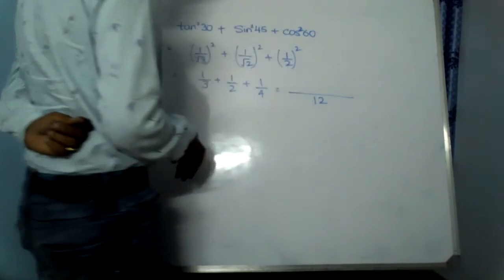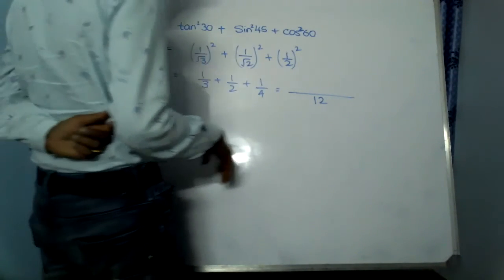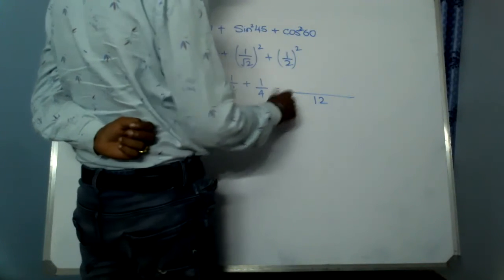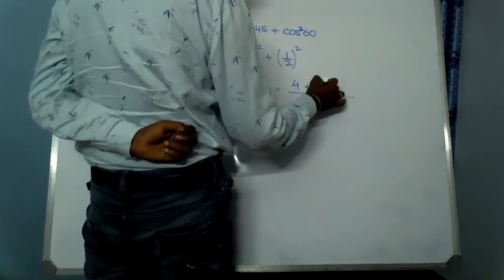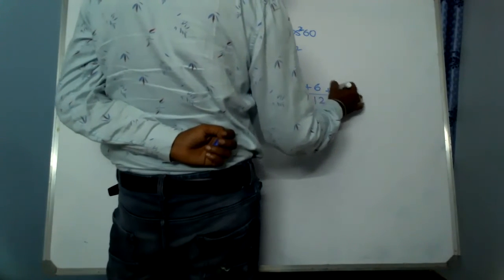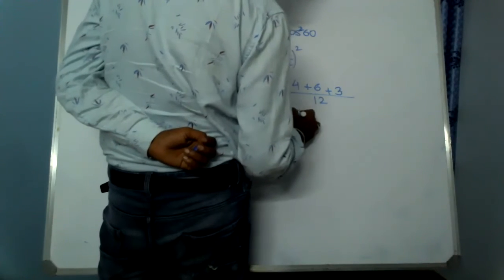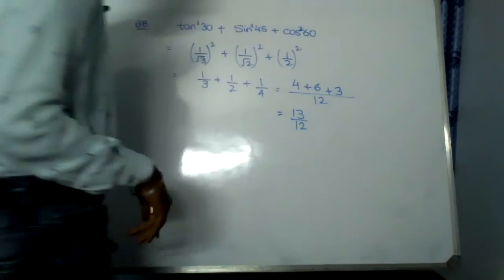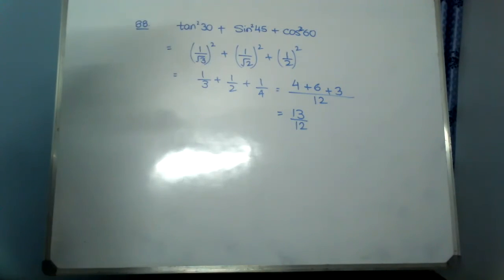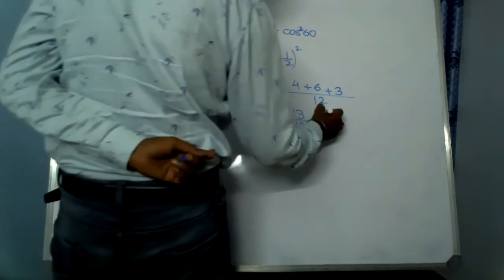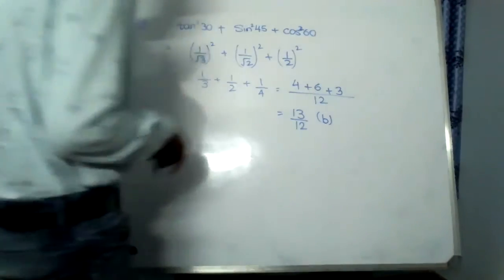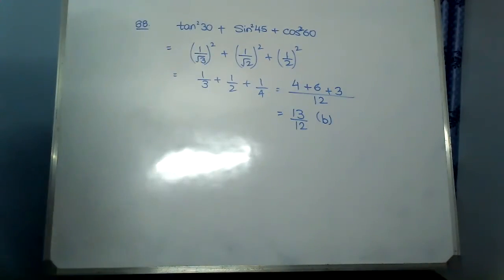Yes. So 3 goes 4 times, 2 goes 6 times, 4 goes 3 times. 13 by 12 will be your answer, which is option B. So you'll get option B as your answer.